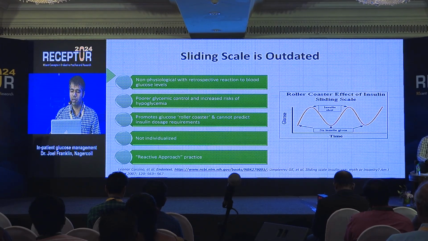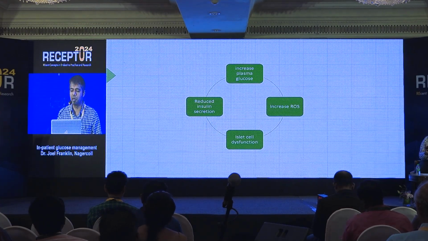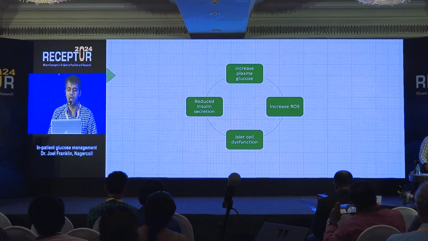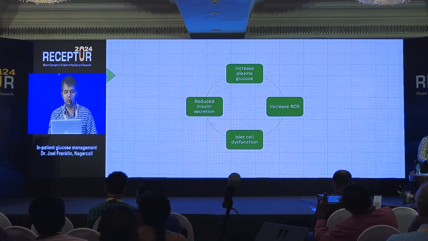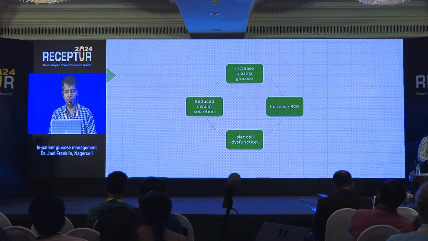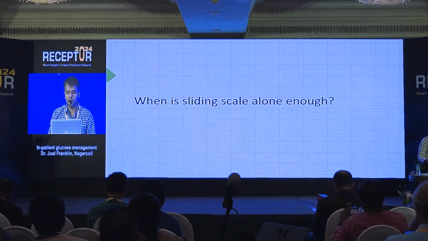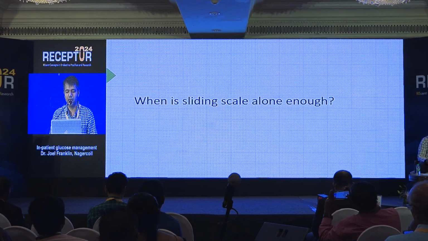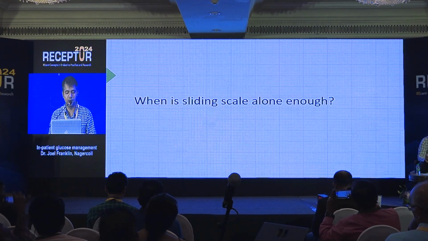This waxing and waning of glucose, the swings between hyperglycemia and drops, all lead to increased reactive oxygen species, and it might add fuel to the fire. So it's preferably not advisable to use sliding scale insulin at all. But there are certain times when sliding scale can be tried, although I'm telling this with a disclaimer.